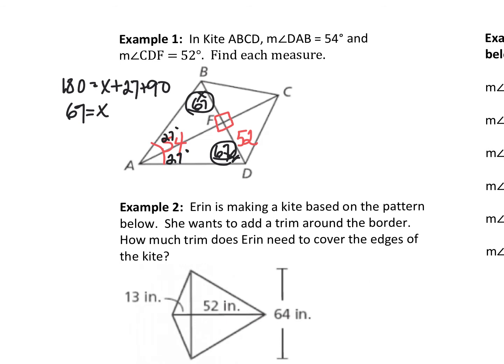Okay, this angle over here is also 52, and one of the ways I know that is since these two sides are equal, these are the base angles of an isosceles triangle.